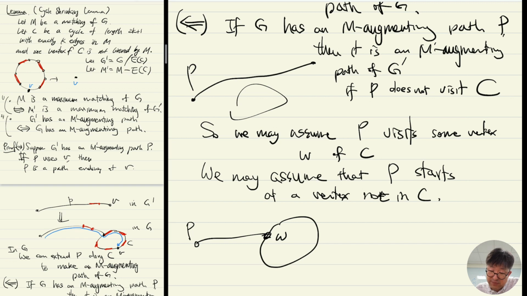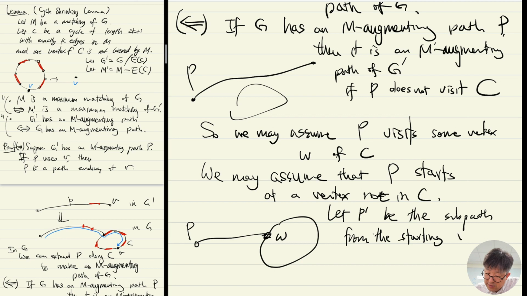So let's look at the subpath. Let P prime be the subpath from the starting vertex to the first vertex in C, W, with the minimum length.